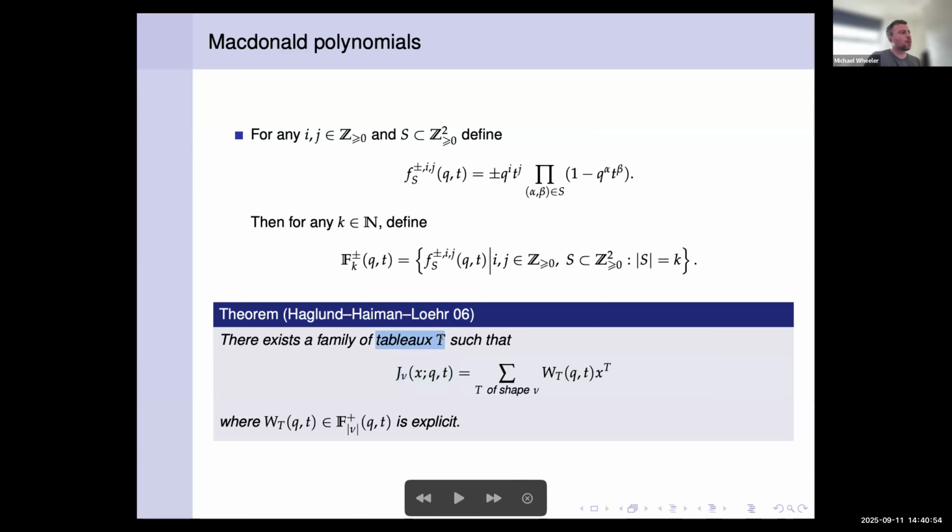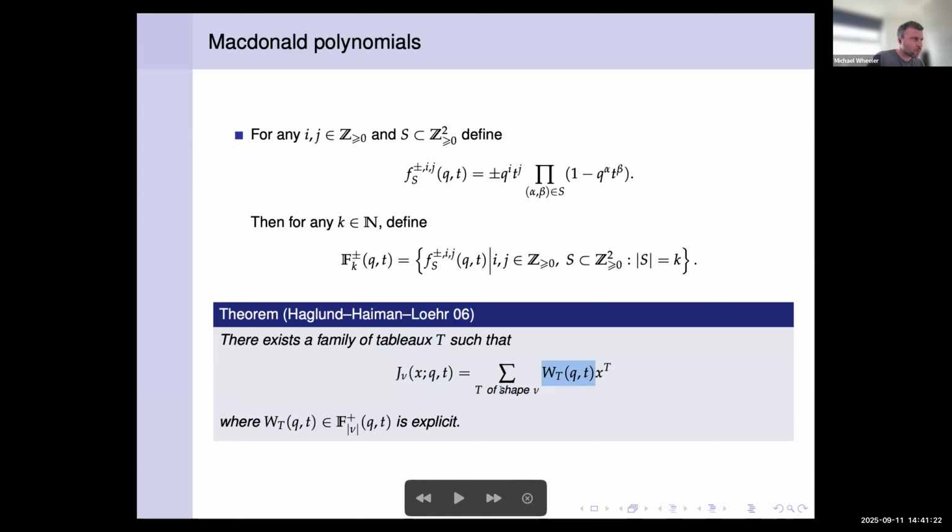Now, these tableaux are not the typical tableaux that you have. So these are not semi-standard Young tableaux. They're slightly more complicated objects, but nevertheless, they're still relatively simple. And you sum over all such tableaux of a given shape with an explicit function that you prescribe to the tableau, and this then defines a fully explicit combinatorial formula.